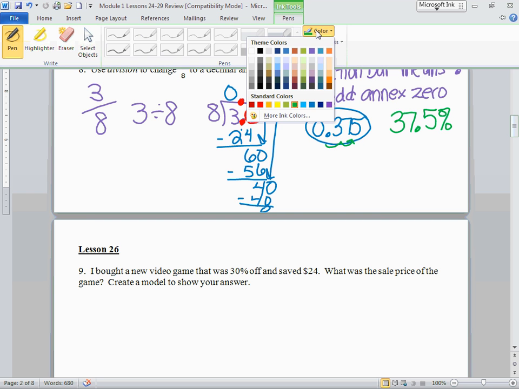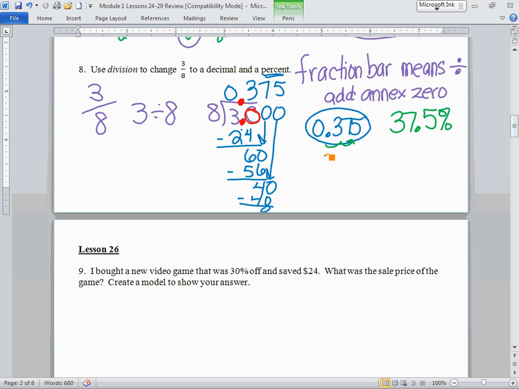Here's your other option on how to solve it. 375 thousandths. That's an equivalent fraction for that decimal. But to make it a percent, percent is always out of 100.